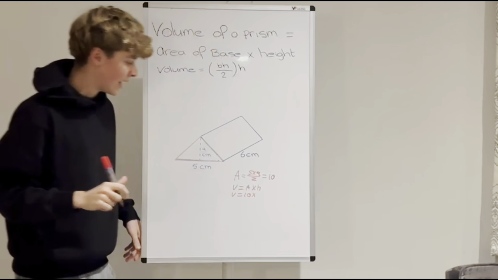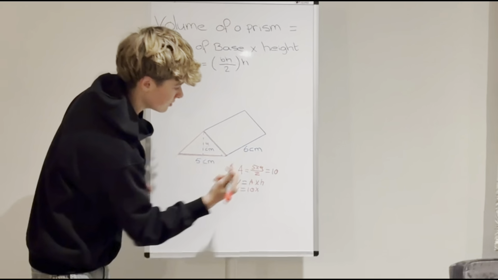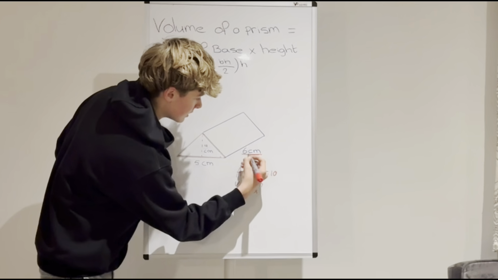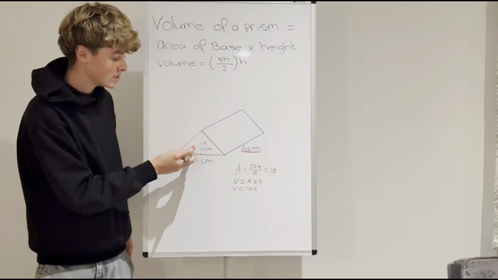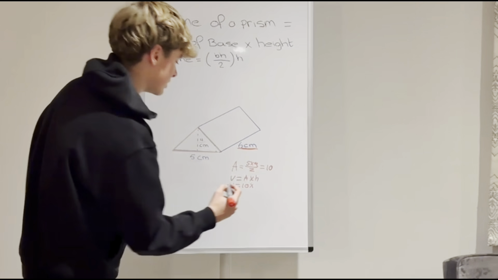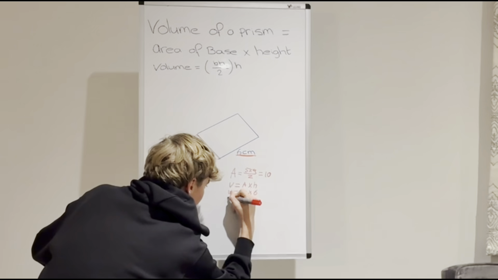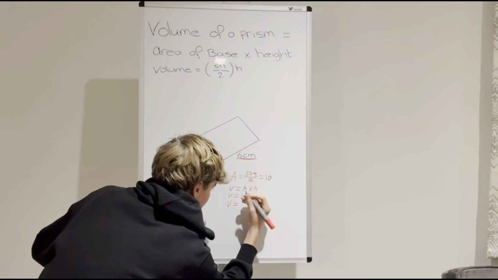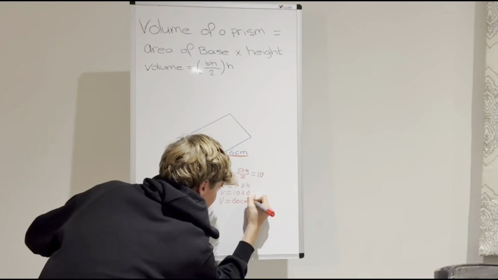The height of the triangular prism is 6 right here. I know that it could be confusing because this is also height, but this is the height of the base, and this right here is the height of the prism. So it's 10 times 6. So the volume of our triangular prism is 60 cubic centimeters.